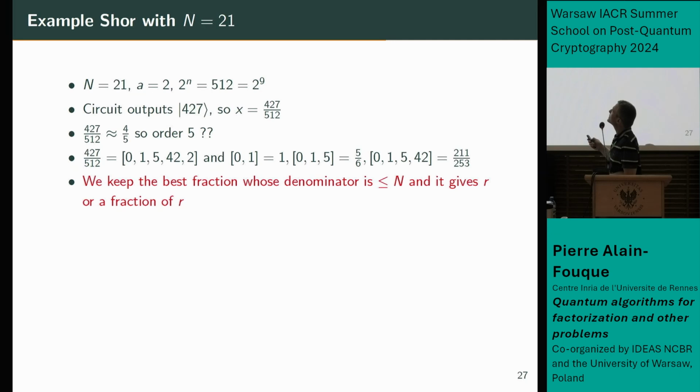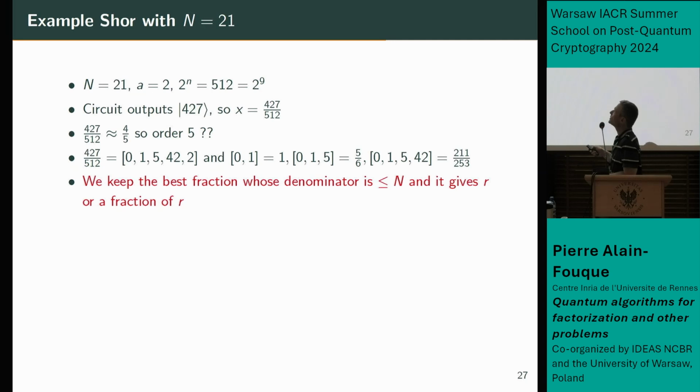So assume now that this is some value. I want to factor 21. It's not a big deal, but let's do what we can do. So now n can be 512. And then assume that at the end, for the first register, you get this value. Okay, so from this value, you can divide it by 2 to the n, and so you get this fraction.